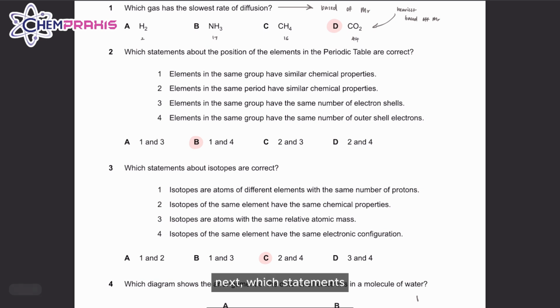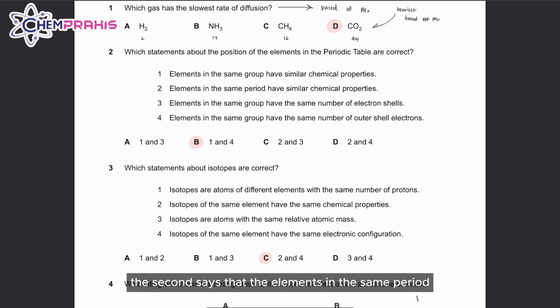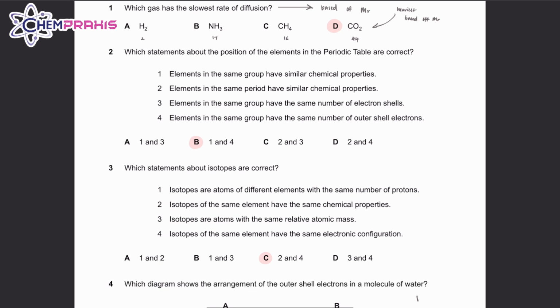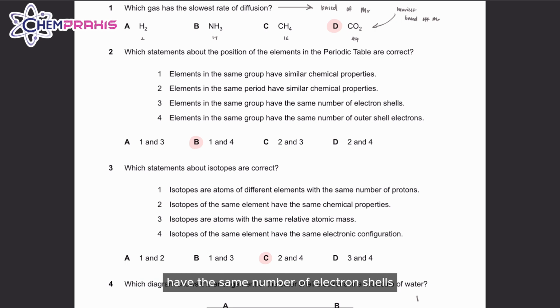Next, which statements about the position of the elements in the periodic table are correct? The first statement says that the elements in the same group have similar chemical properties. The second says that the elements in the same period have similar chemical properties. The third one states that the elements in the same group have the same number of electron shells, and the last one states that the elements in the same group have the same number of outer shell electrons.